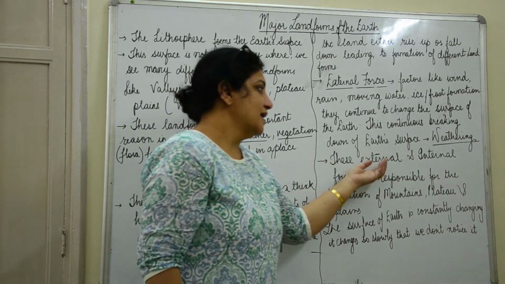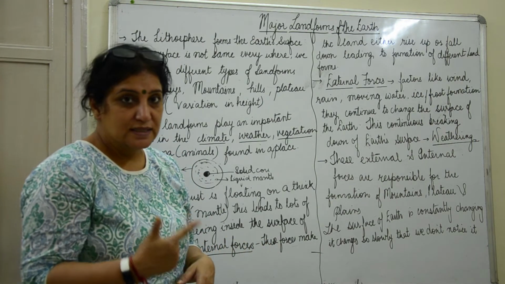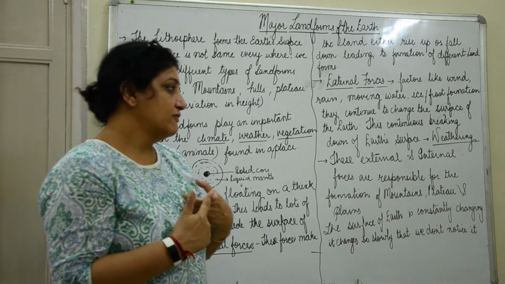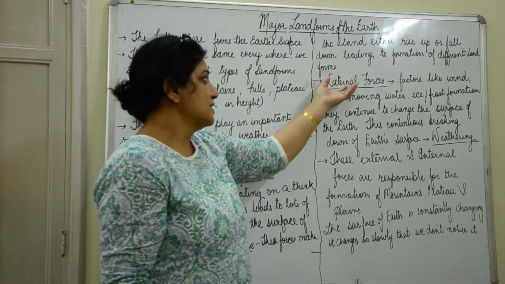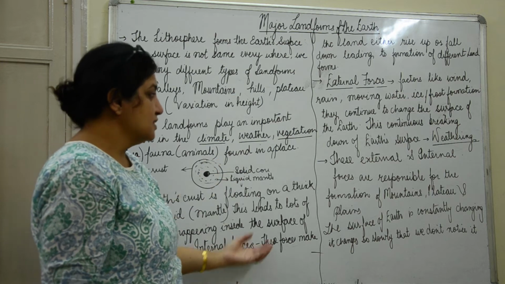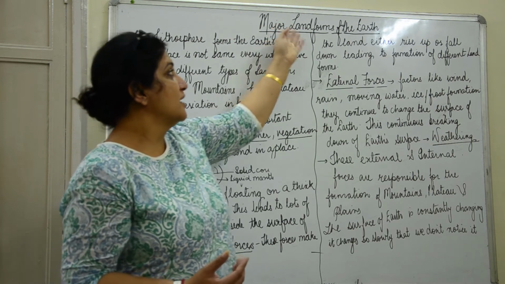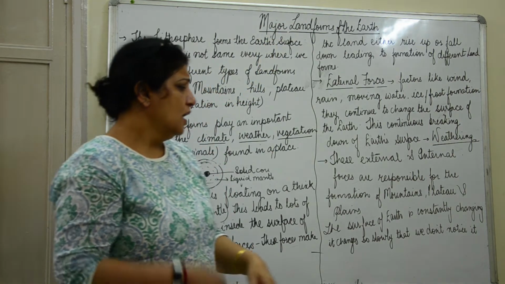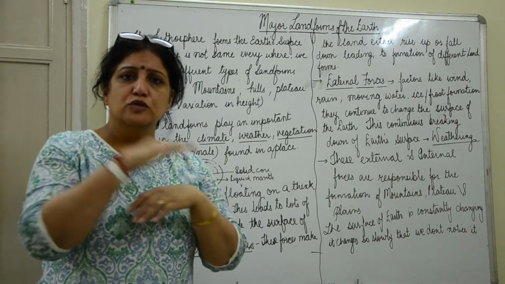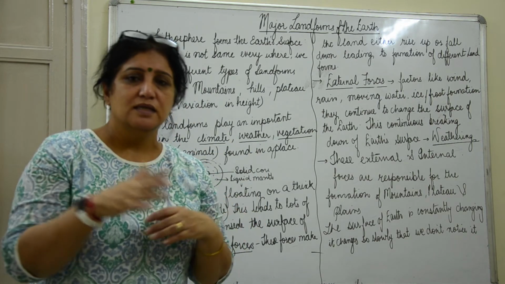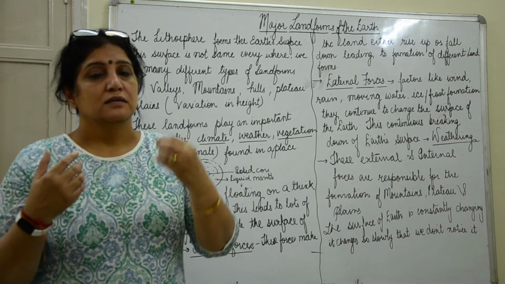Now these external and internal forces are responsible for the formation of mountains, plateaus, and plains. So all these landforms are made by the internal forces and the external forces. Okay. Now the surface of the earth is constantly changing. From the top also it is undergoing constant effect of the temperature. The wind is constantly blowing.